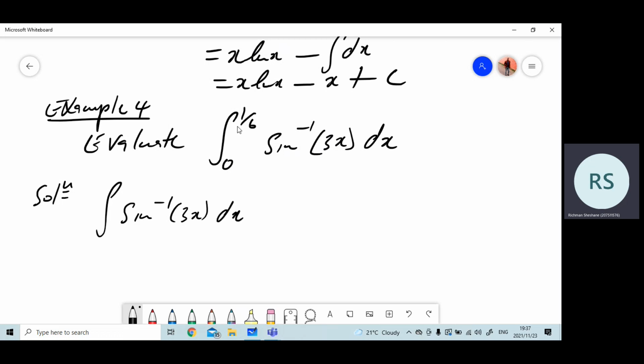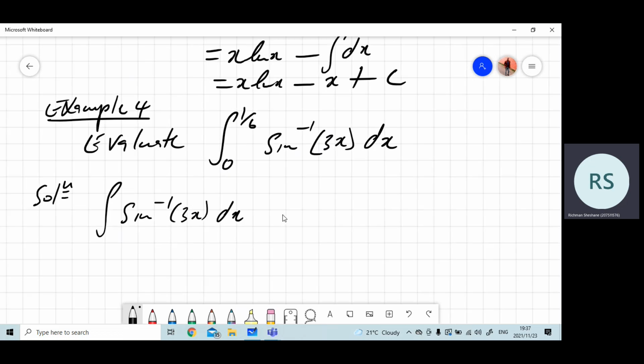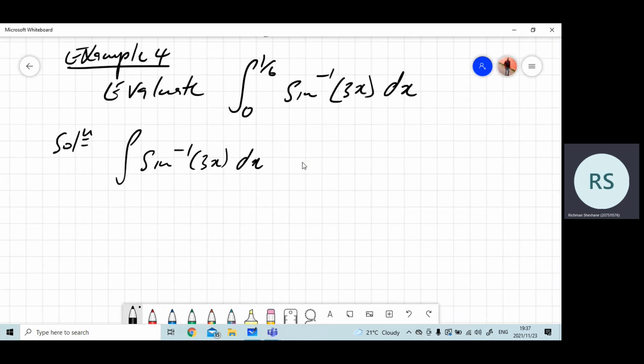We're going to consider the limits after finding the integral. So you see here, we want to integrate the inverse function. When we're evaluating integrals of an inverse function or log function, you use integration by parts. So let's use integration by parts to evaluate this.